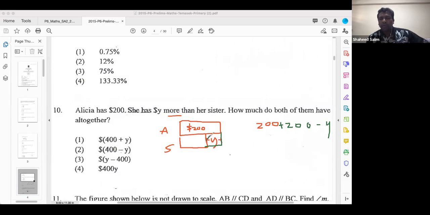This part is called Y. So take 200 plus 200, you get 400, then minus Y. Okay, this will be very common next year for both of you, whether you go to Express or normal academic. Let's try.